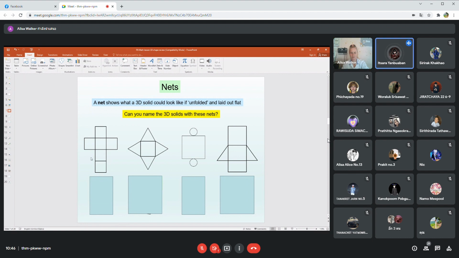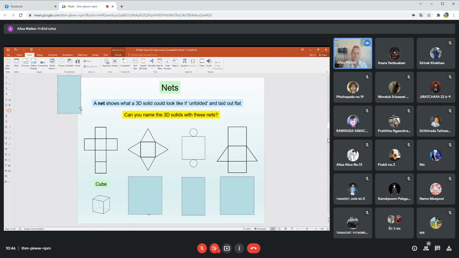Guide, do you know? Yes, cube. Very good. Thank you, Guide. Take a look if you didn't know. This net will fold up to make a cube. Pobgun, do you think you know what shape this net will make? Square base pyramid. Very good, Pobgun. It will fold to make a square-based pyramid.